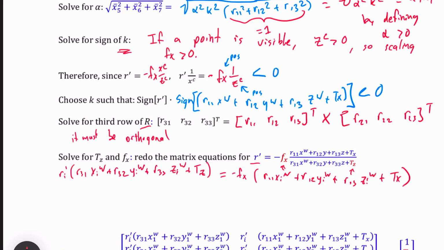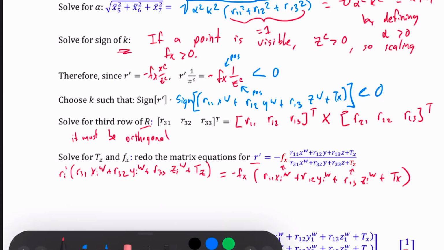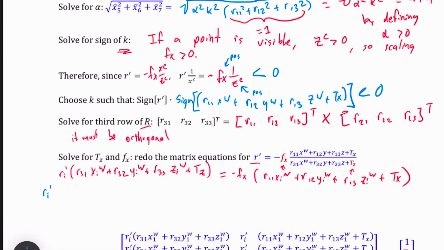And then we can put everything on the same side, so we have an equation equal to 0. So let's go ahead and do that. We'll do a little bit of multiplication out here too. I've got my ri prime times my r31 xi world plus r32 yi world plus r33 zi world.